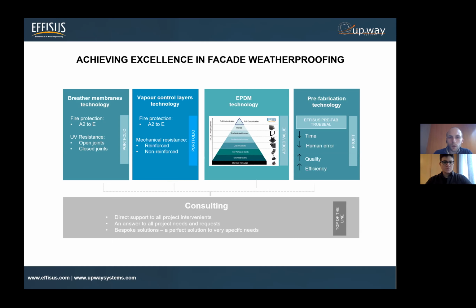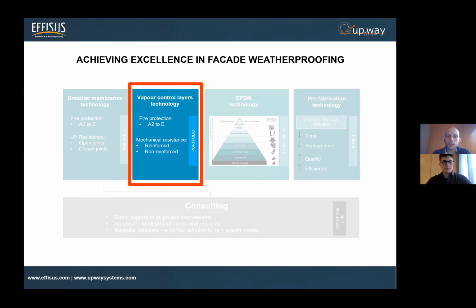Today, we'll be focusing more on the VCL, and even within the VCL technology, we have different options available to better suit the project needs.